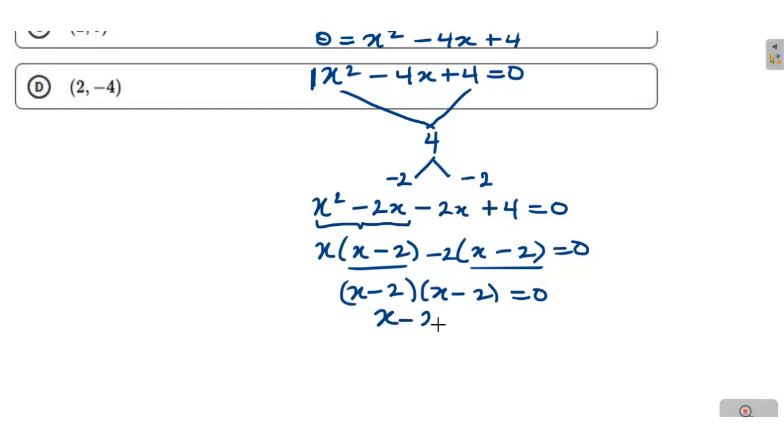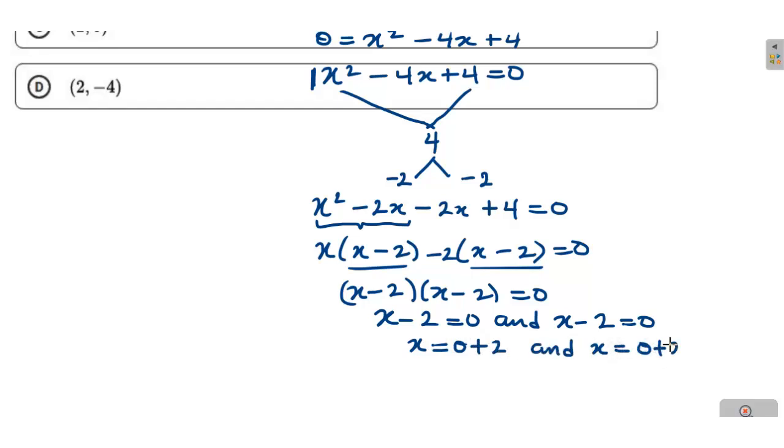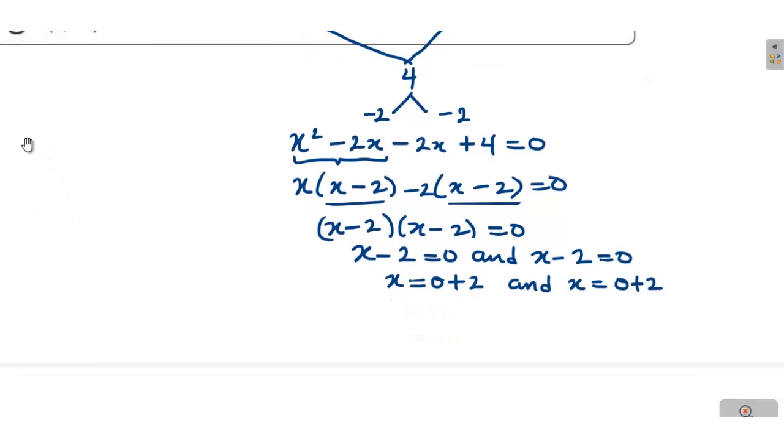So x minus 2 is 0, and x minus 2 is 0. So x will be 0 plus 2, and also x is 0 plus 2. Basically this is a single solution quadratic. So x is 2, and x is 2. We can say that x is 2 twice, right? So that's a single solution quadratic.